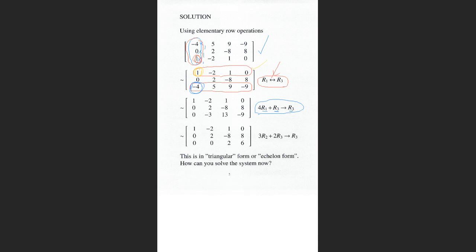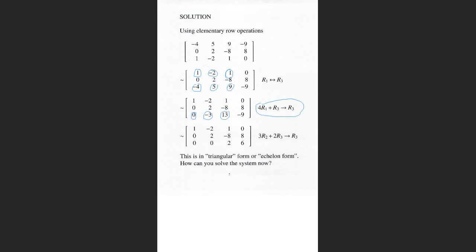So 4 times 1 is 4, and 4 and negative 4 make 0. 4 times negative 2 is negative 8, and negative 8 and 5 make negative 3. 4 times 1 is 4, and 4 plus 9 make 13.